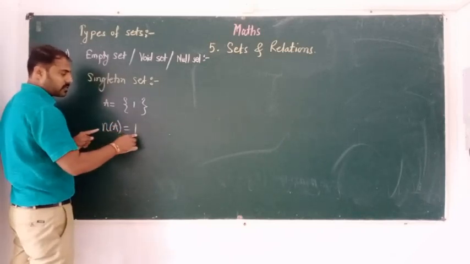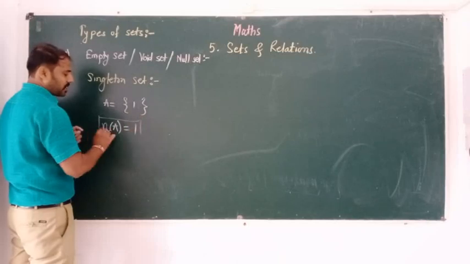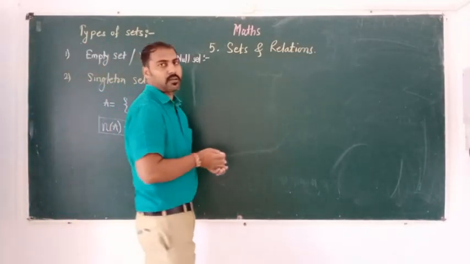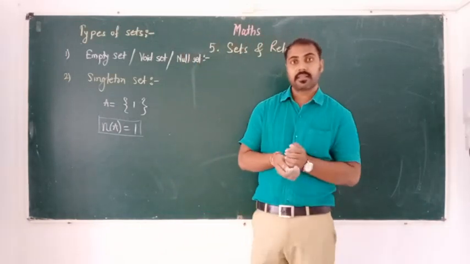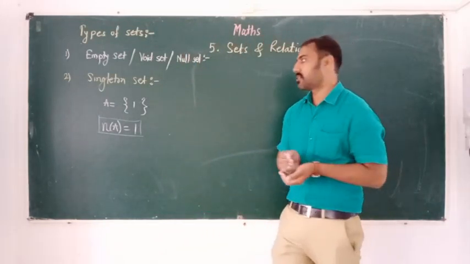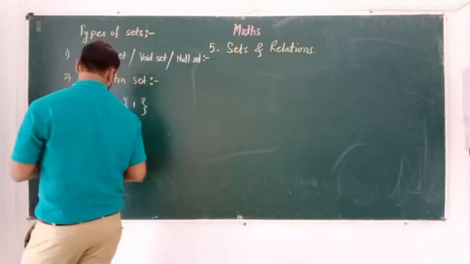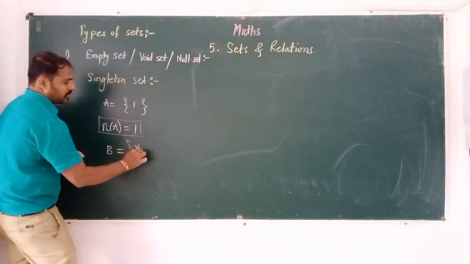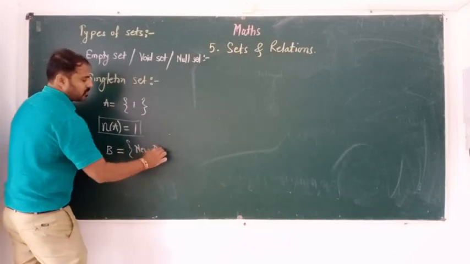When n of A is equal to 1, that set is called a singleton set. Take another example. The capital of India is New Delhi. If I represent that set by B, then B can be written as {New Delhi}.